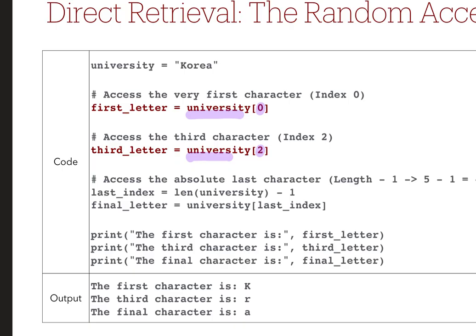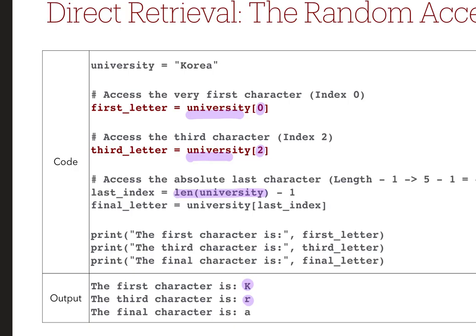So given this first letter and the third letter, if I print them, you get K and R. If I call len(university), then as we observed previously, the len function will count the number of letters in the university variable, which is 5.